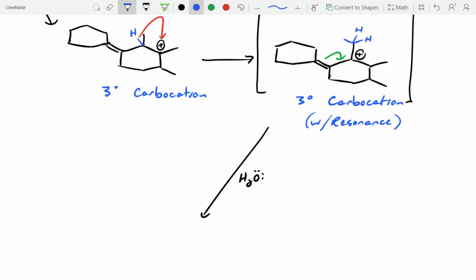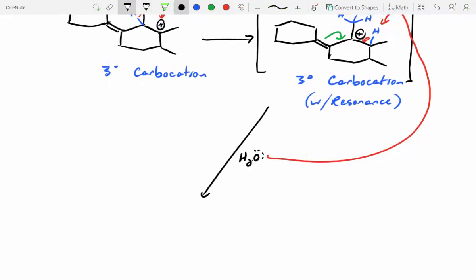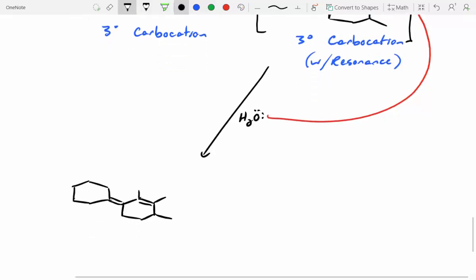Do you think that's going to be very likely that we end up plucking those off? Not as likely. We could definitely draw that as a product, but we also have a beta proton there. So now we could go ahead, grab this proton, clamp down.